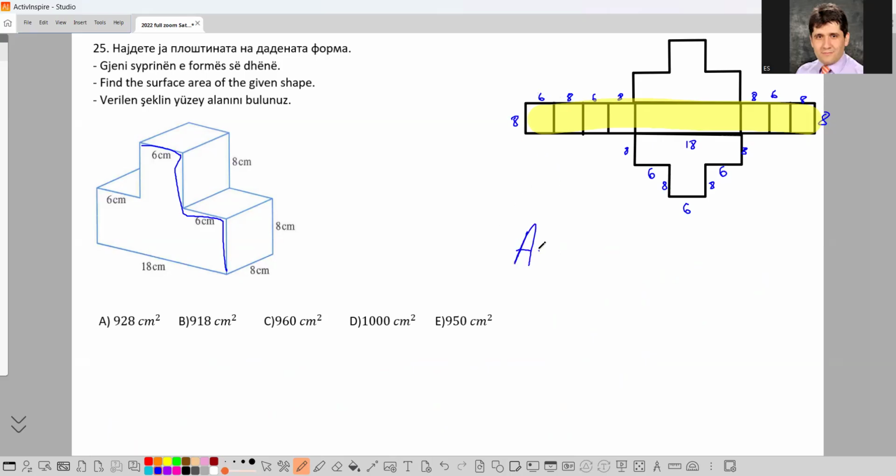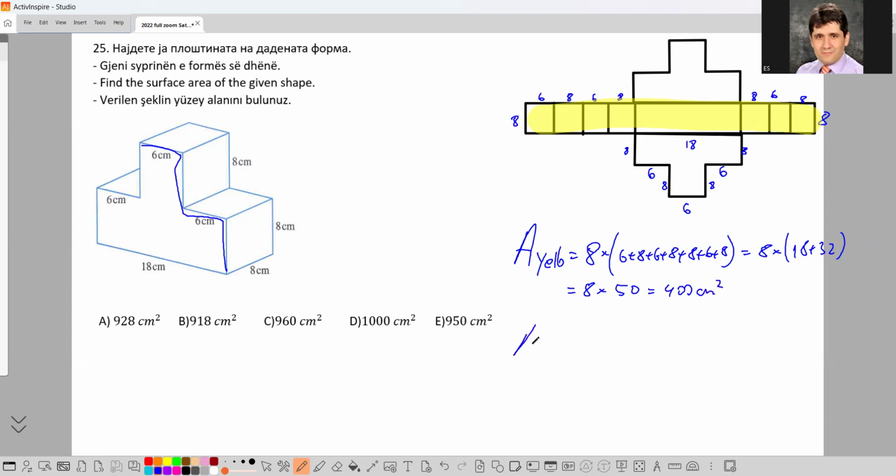So let's say the area of the yellow strip will be 8 times 6 plus 8 plus 6 plus 8 plus 8 plus 6 plus 8. That is 8 times 18 plus 32, which means it would be 8 times 50, which is 400, what we just got, centimeters squared.